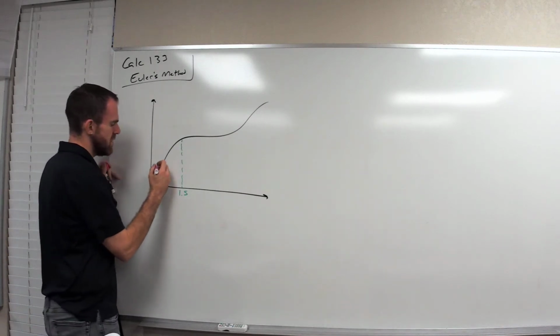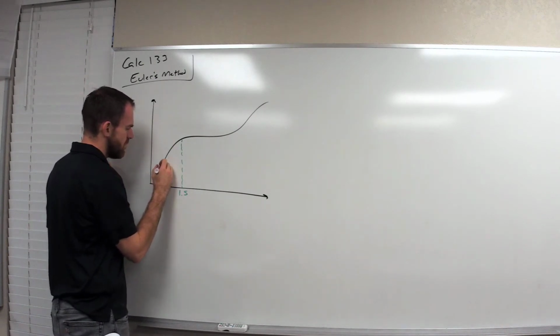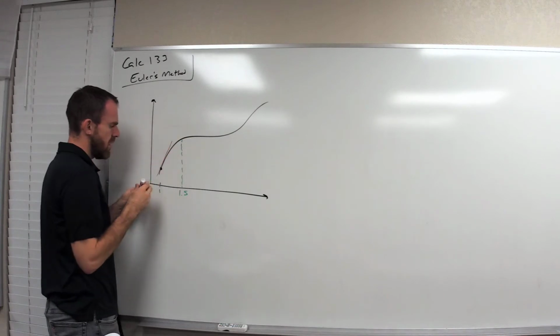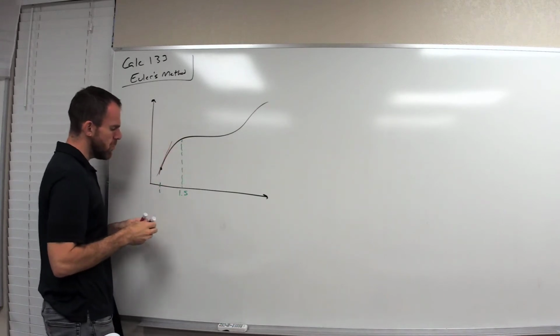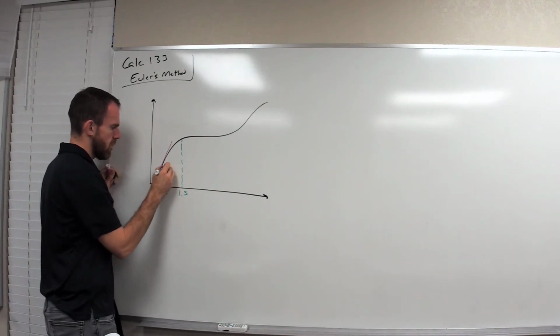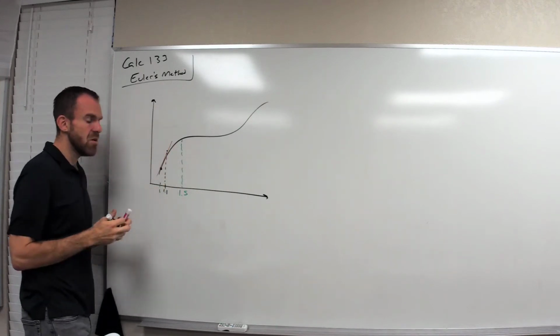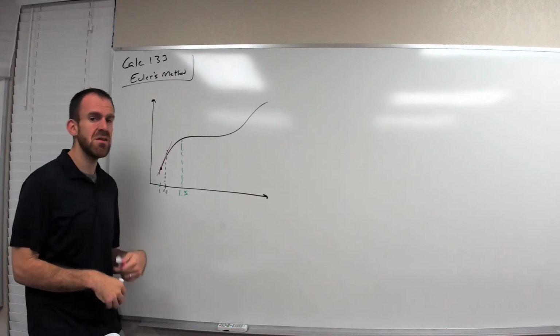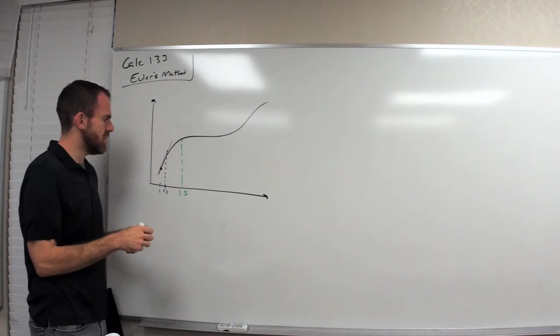The idea is this. You're going to find the tangent line, and that's going to give you a new point at, let's say, 1.1. Now, that new point is no longer on your curve, but it's an approximation. It's on the tangent line.